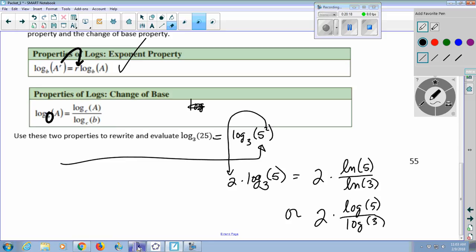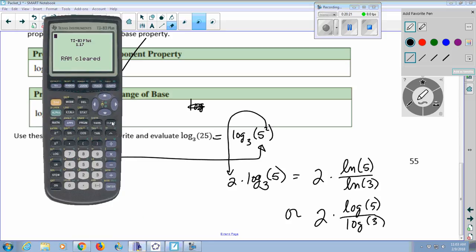So let's take a look at that. What are we going to do? We're going to do 2 times the common log of 5 divided by the common log of 3.